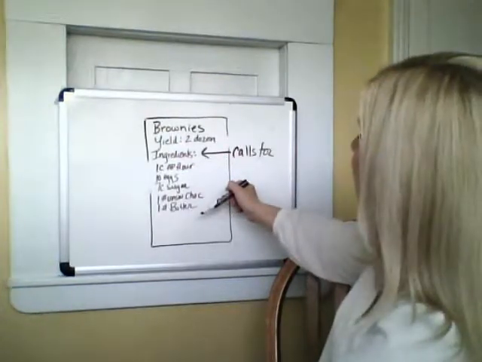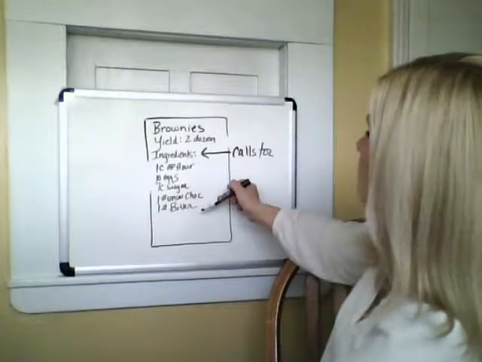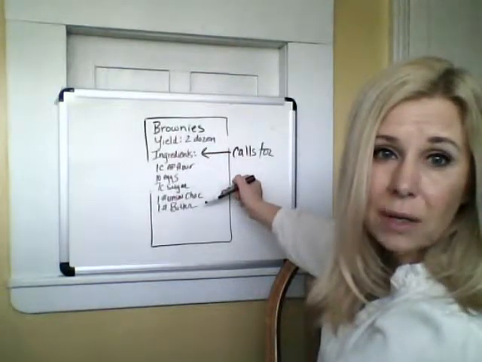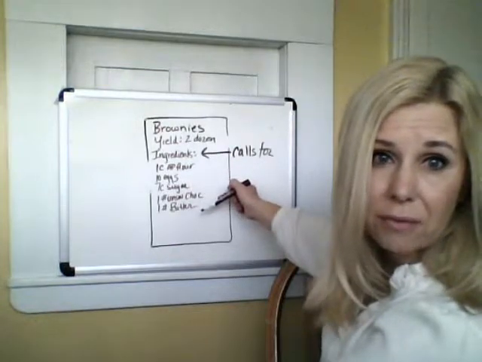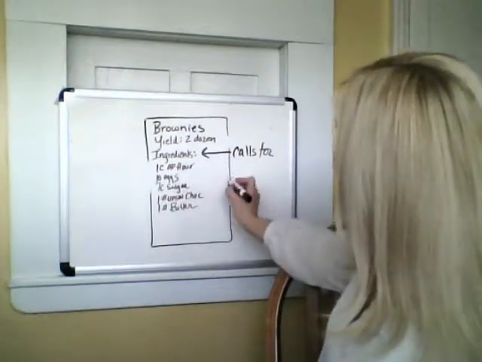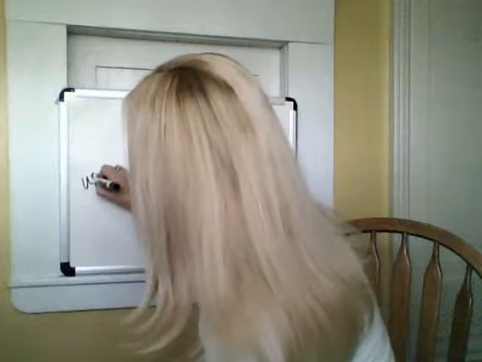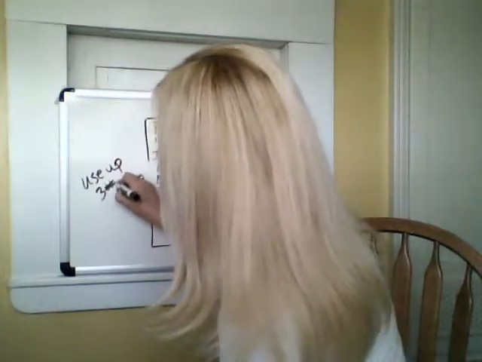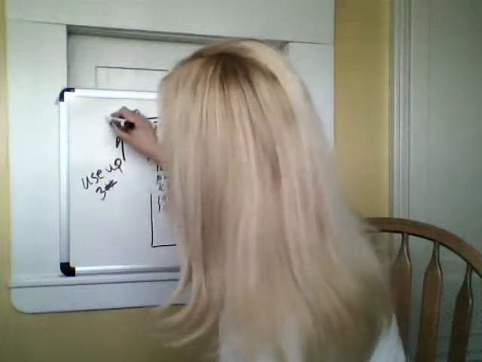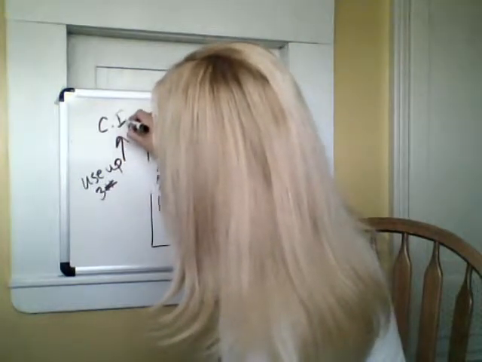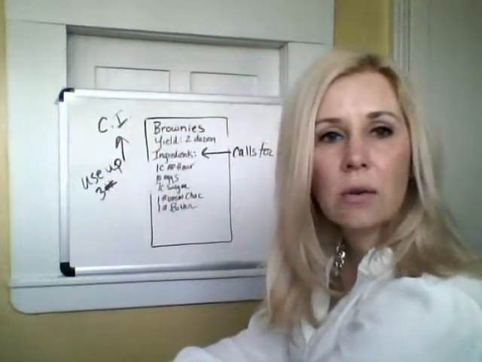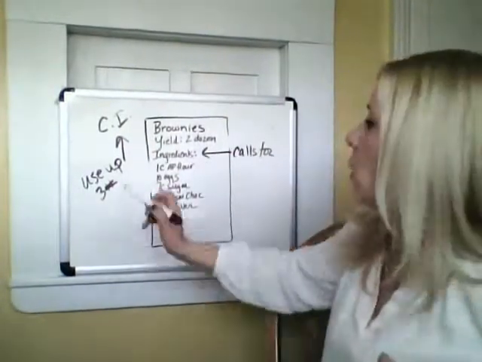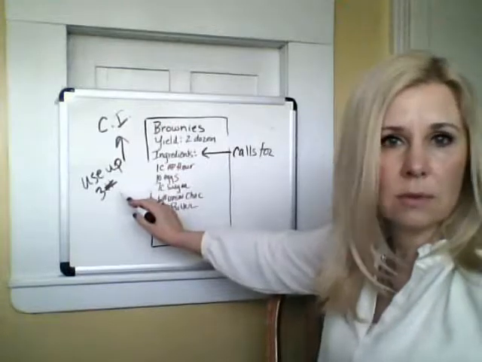So if it says the recipe calls for 1 pound of butter, but you want to use up 3 pounds of butter, that means constraining ingredient. Why? Because we are constrained by the fact that we want to use up 3 pounds.